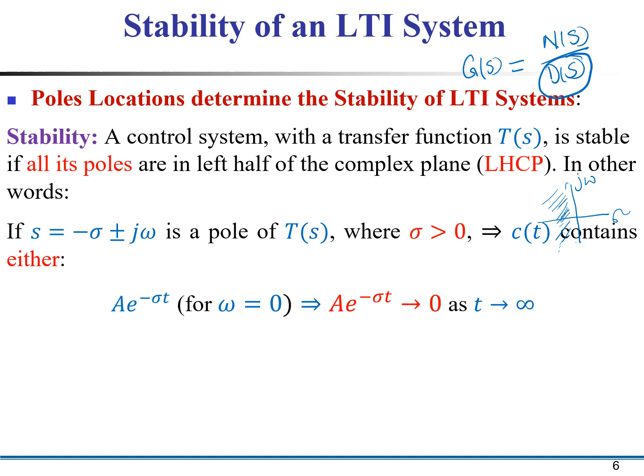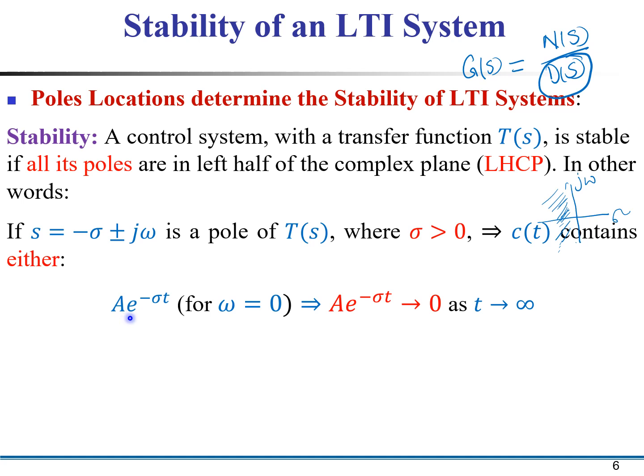Here we consider that this sigma, the real part, is positive. Now if sigma is greater than 0, then minus sigma will be in the left half plane. So if this is the situation, sigma is greater than 0, and we take the inverse Laplace transform of the system whenever the frequency part, that is j omega, is 0, our response will appear something like this.